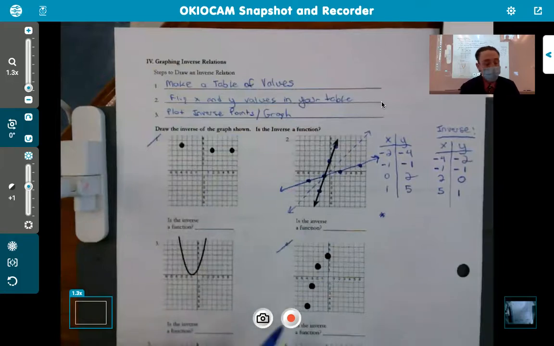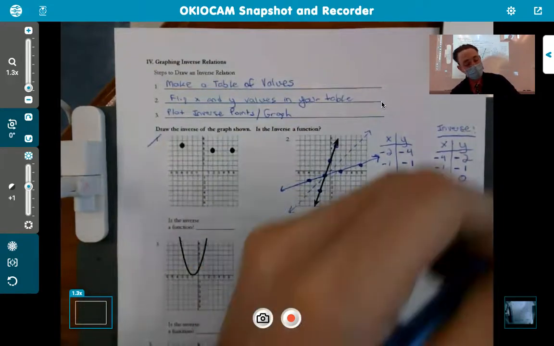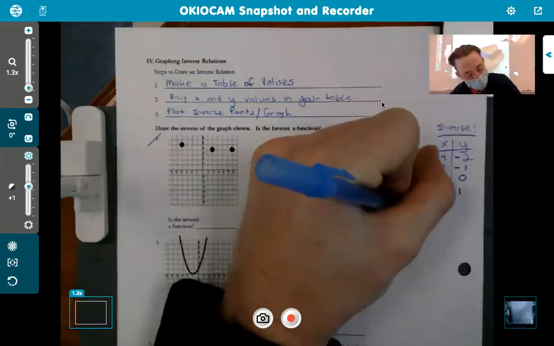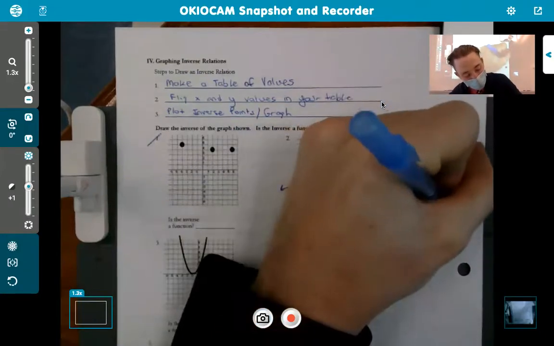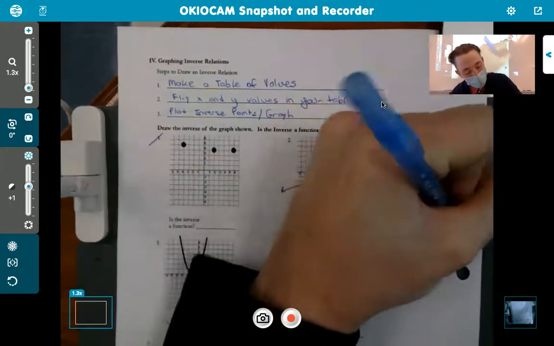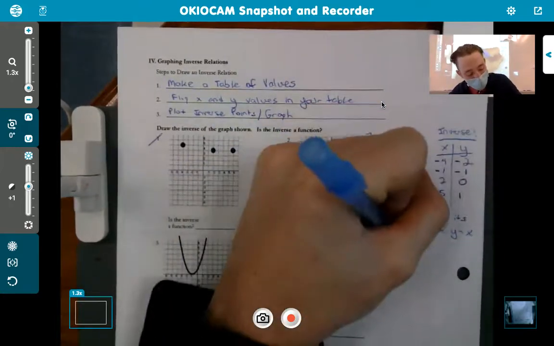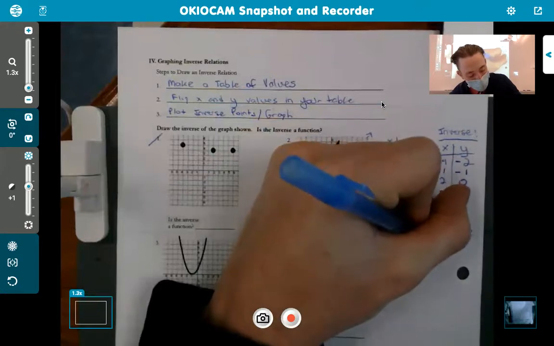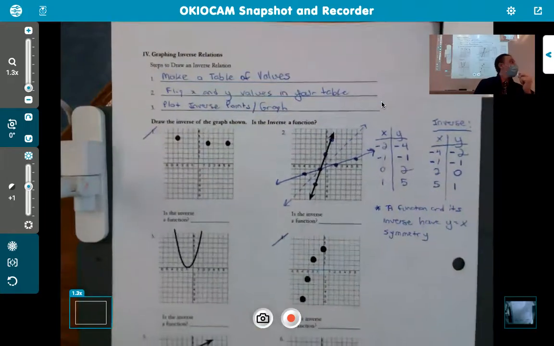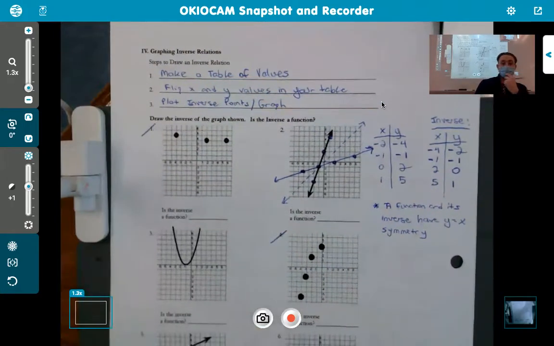Well, one thing that is unique about a function and its inverse, and this is something that I want you to note as well, is that they have y equals x symmetry. So a function and its inverse have y equals x symmetry.